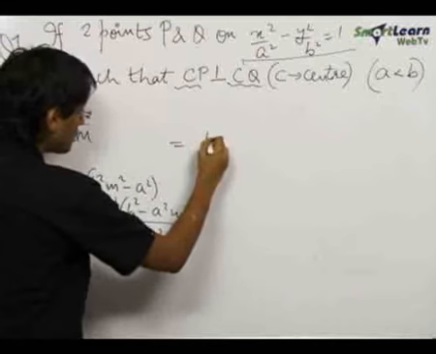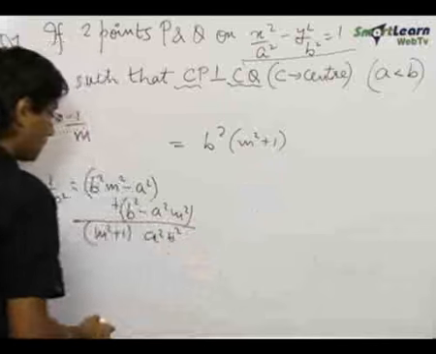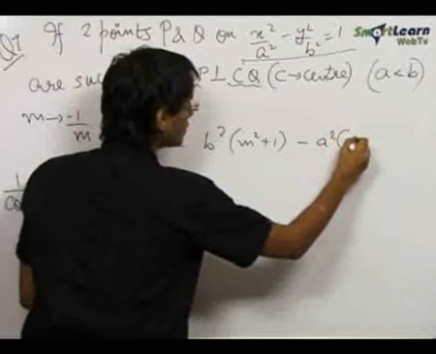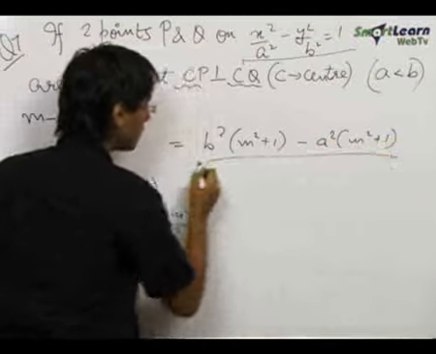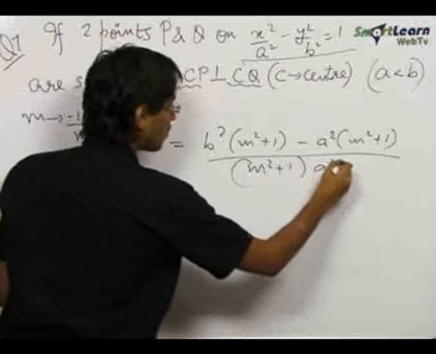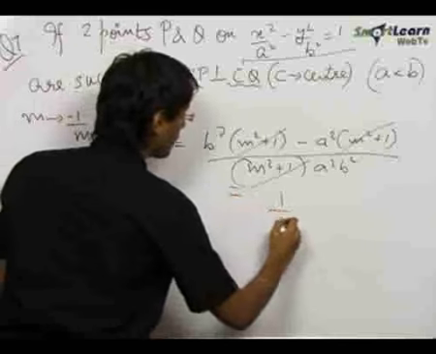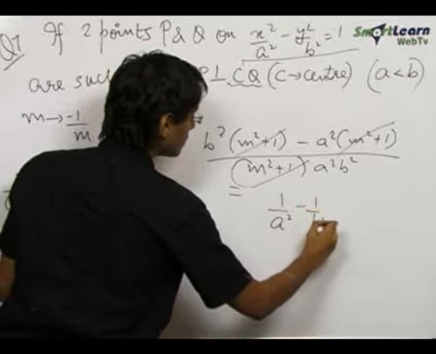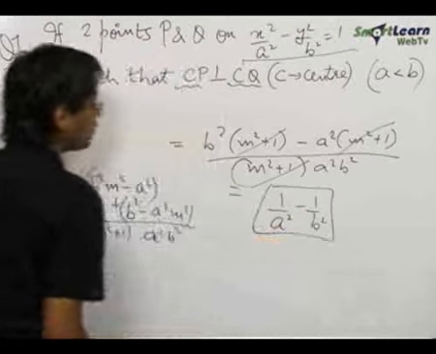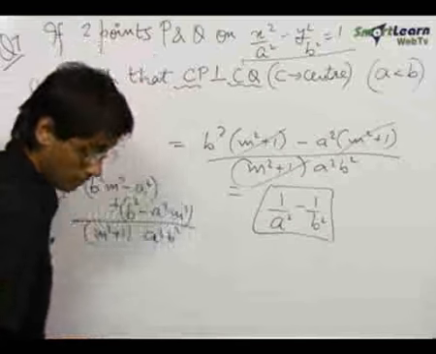We can resolve this: b square times m square plus 1 minus a square times m square plus 1, upon m square plus 1 a square b square. This m square plus 1 gets cancelled and we get 1 upon a square minus 1 upon b square to be the value of 1 upon CP square plus 1 upon CQ square.